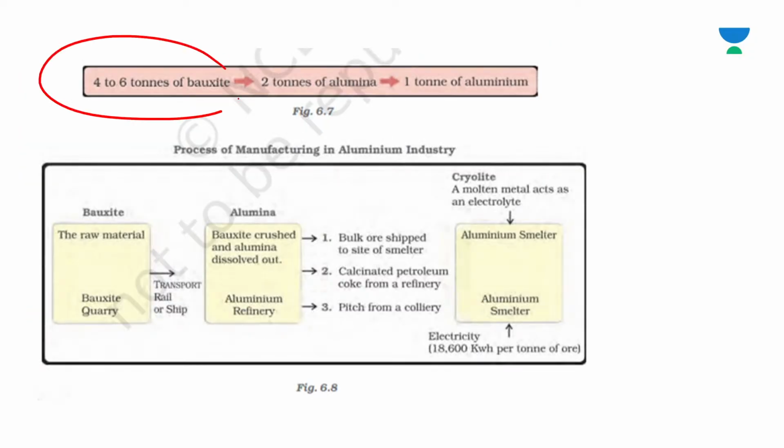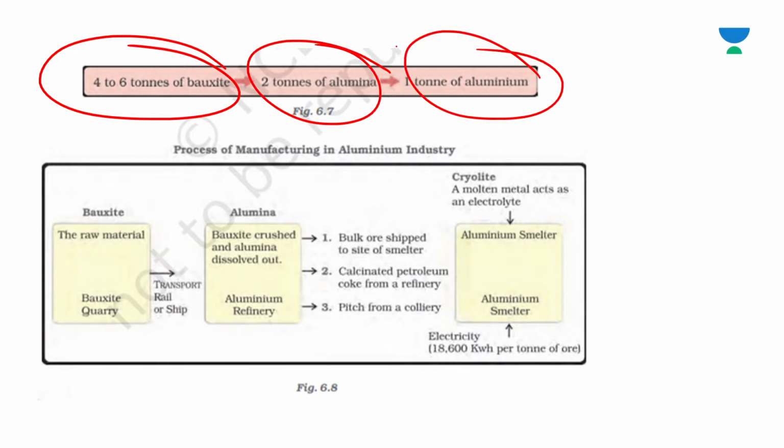Now, 6 tons of bauxite, 2 tons of alumina, and 1 ton of aluminium. First of all, we'll go through the process of manufacturing in the aluminium industry. The bauxite, that is the raw material from the bauxite quarry, is then transported by rail or ship.